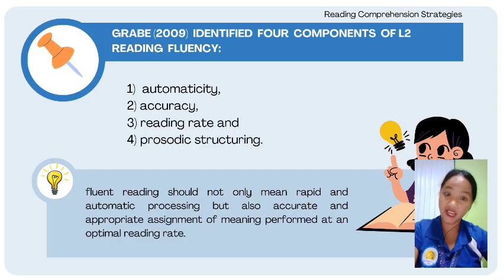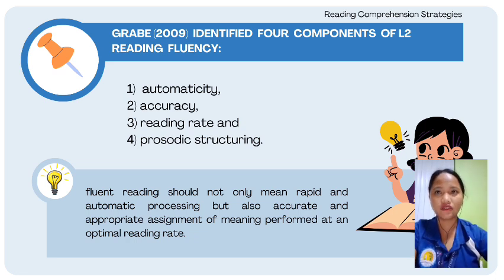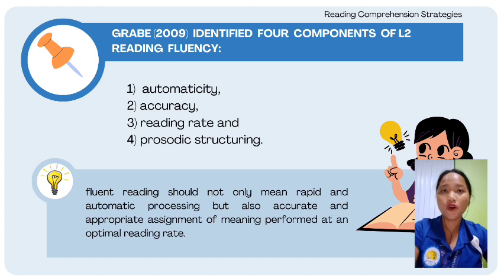Grabe identifies four essential components of L2 reading fluency. This is automaticity, accuracy, reading rate, and prosodic structuring. So automaticity refers to the ability to recognize words and phrases effortlessly, allowing the readers to focus on comprehension rather than decoding each word.